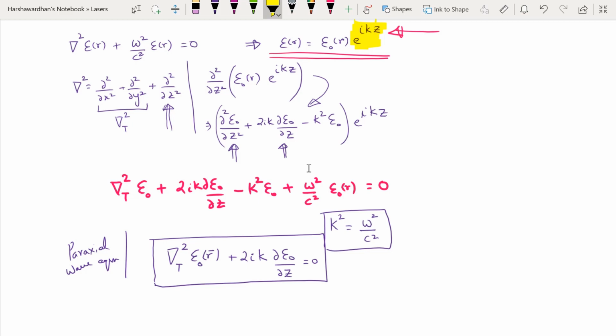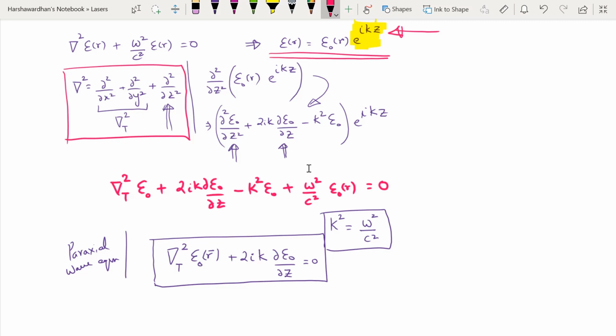The del square operator is shown here: the derivative with respect to x, the derivative with respect to y, which are the orthogonal or transverse directions, and the second derivative with respect to z. I will retain the derivatives with respect to x and y as they are, and call this part of the operator delta t square.